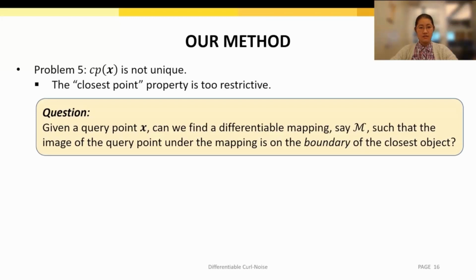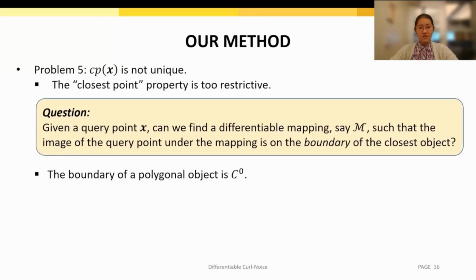But wait, I just said we're interested in simple polygonal objects, but the boundary of a polygonal object is C0, which is not differentiable. And you'll say, there's obviously no such mapping if we are working with the actual boundary of polygons. So here's the solution.